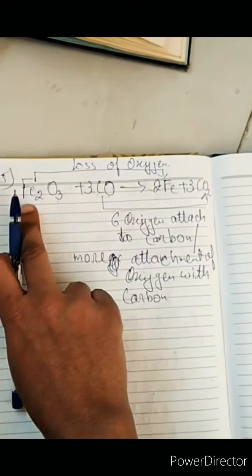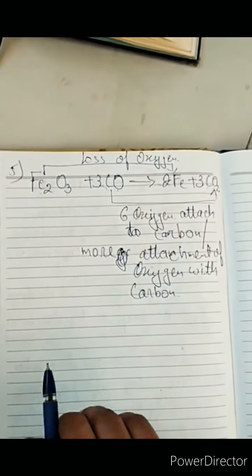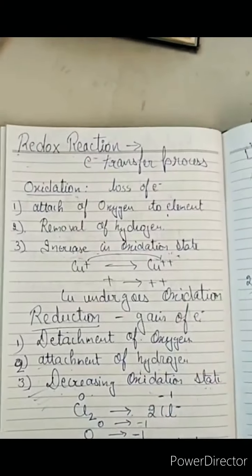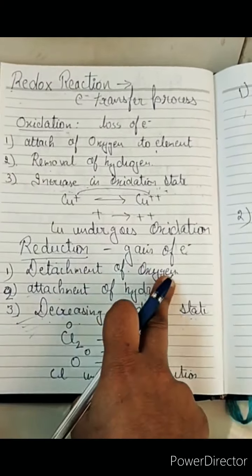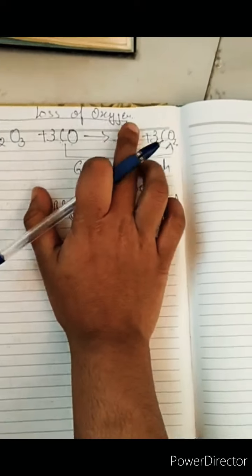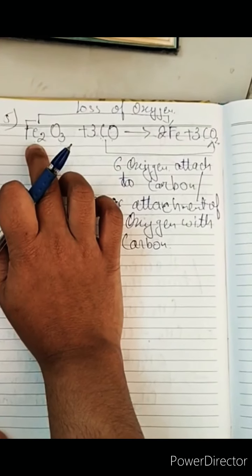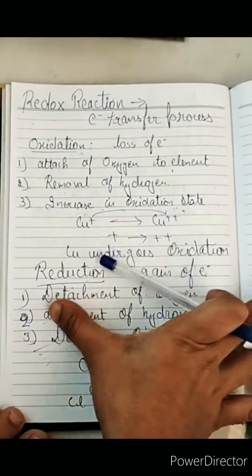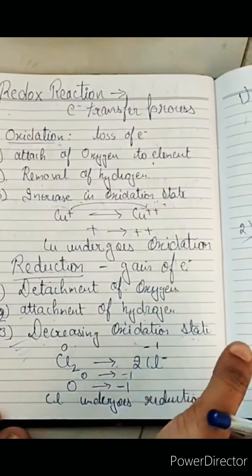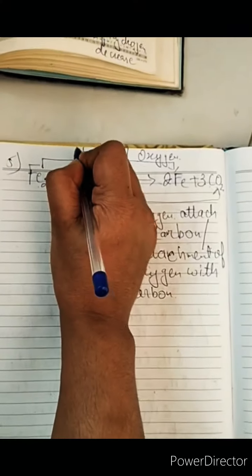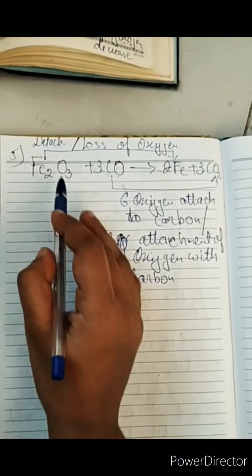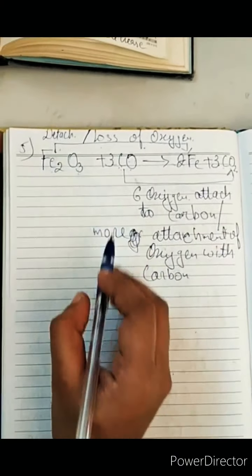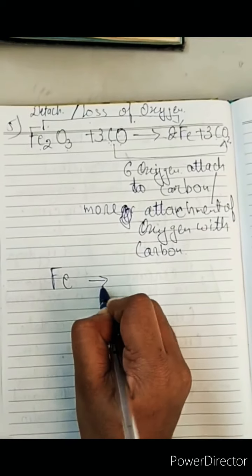So loss of oxygen, here iron loses its oxygen, so we can say detachment of oxygen, or loss of oxygen. It means oxygen detached from the iron. So loss of oxygen or detachment of oxygen is reduction. It means Fe undergoes reduction.